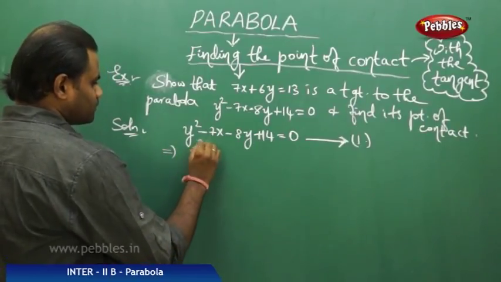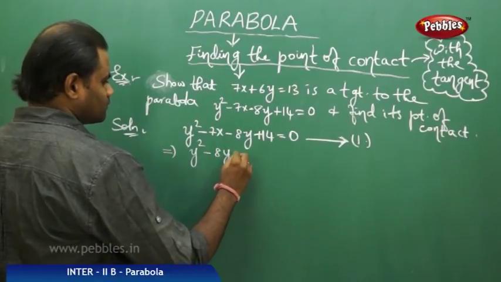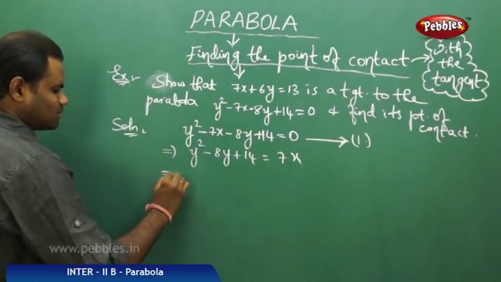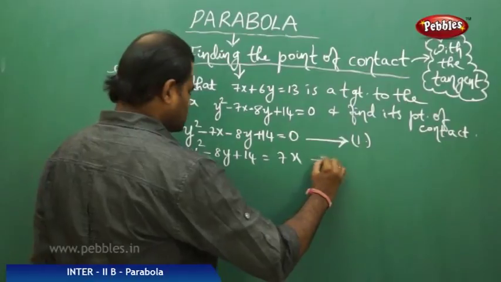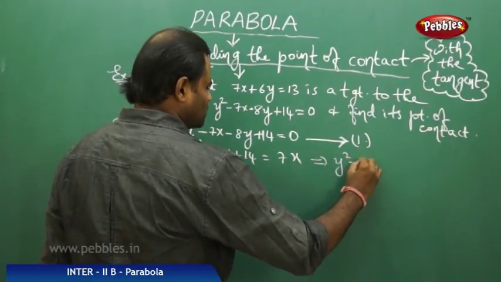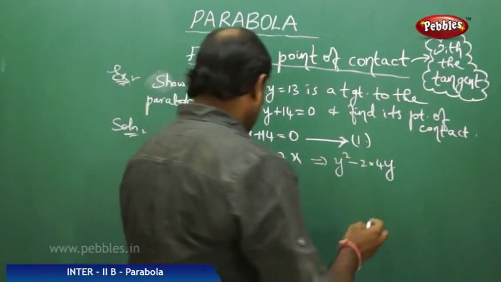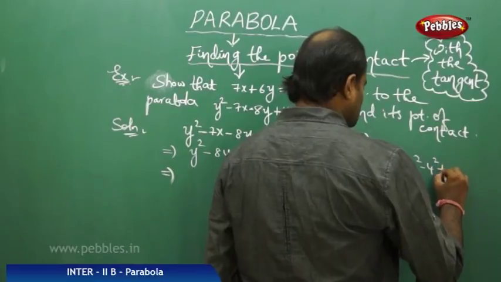Therefore y squared minus 8y plus 14 equals 7x, is what I get. Now, half of 8 being 4, I add and subtract 4 squared.